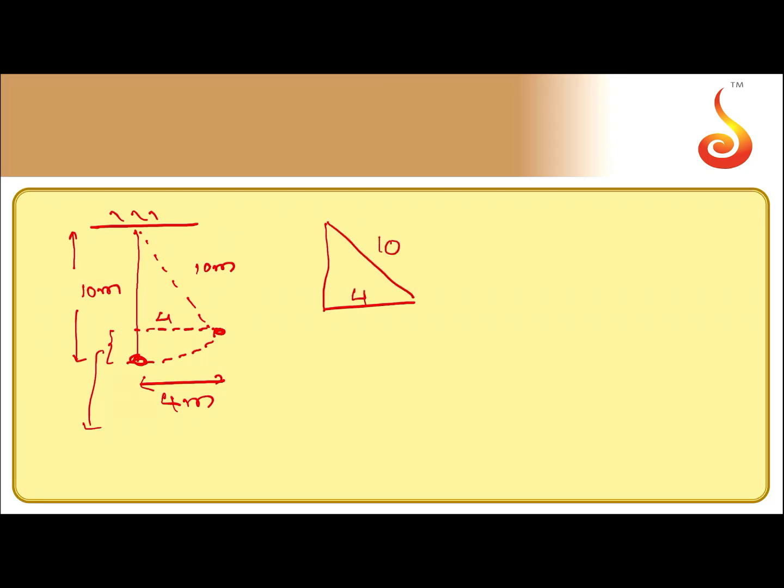So this becomes root of 100 minus 16. 100 minus 16 is 84, so this is root of 84. Now the height by which it rises is 10 minus root of 84. So this is the distance by which it can move.